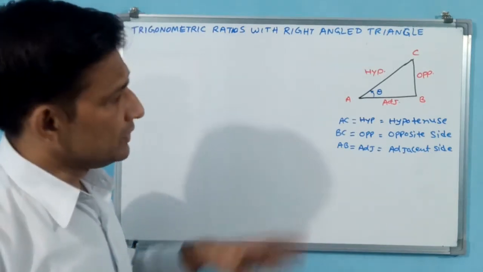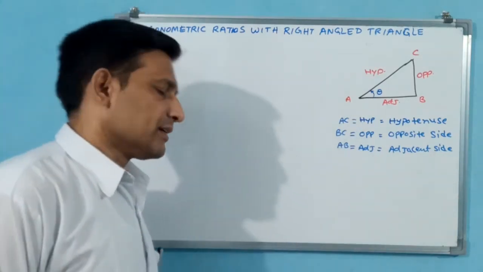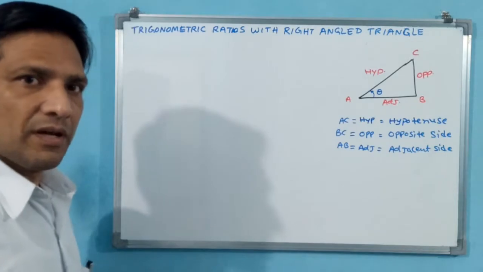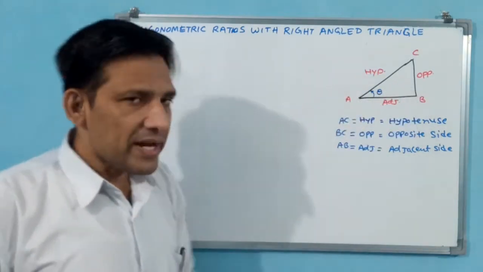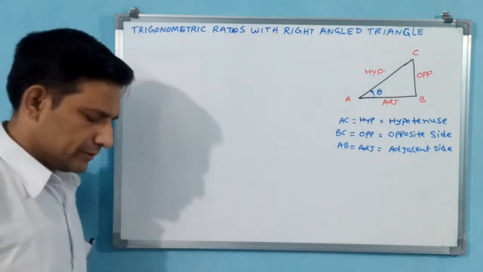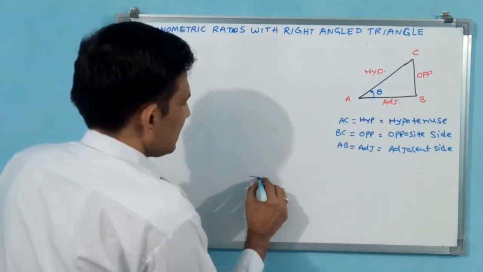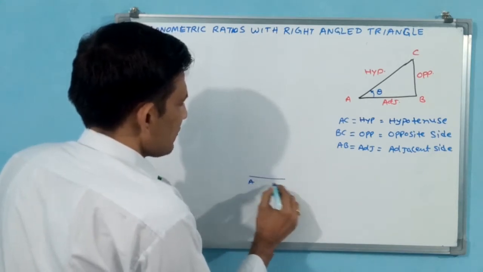Okay, see, how will these ratios be affected by the theta, do you think? Because it should be a right angle triangle. Okay, one logic I will tell you. Say AB is 5 centimeters. Again I have taken AB as 5 centimeters only.